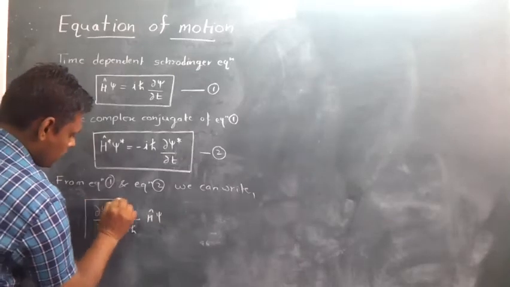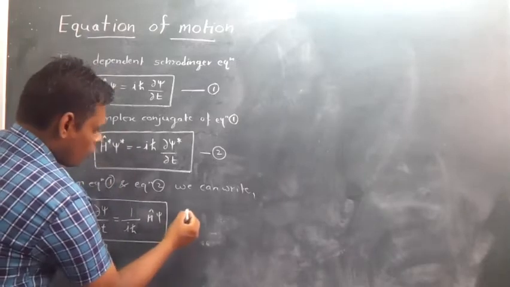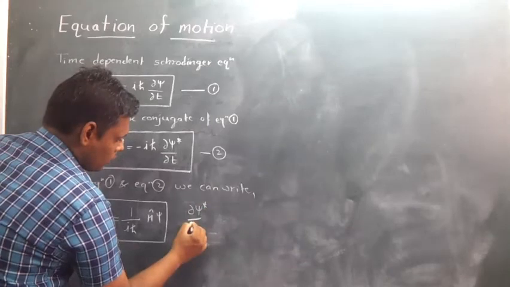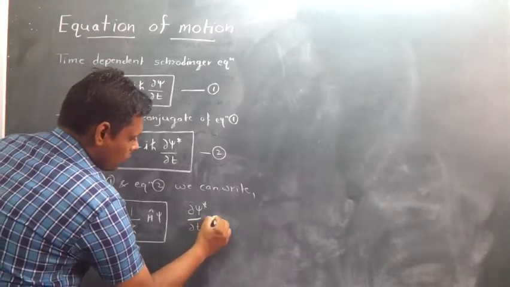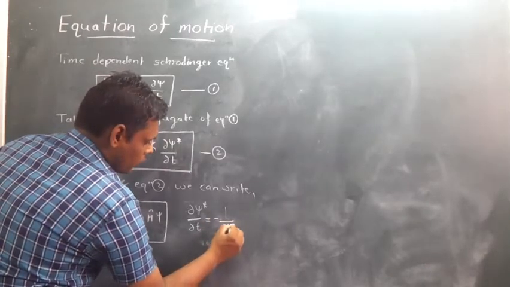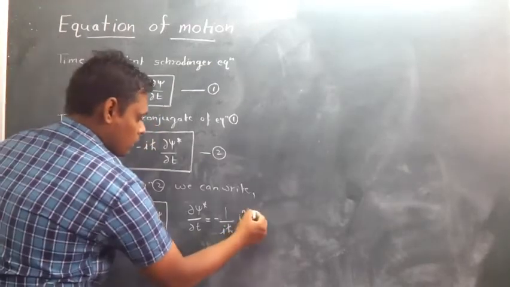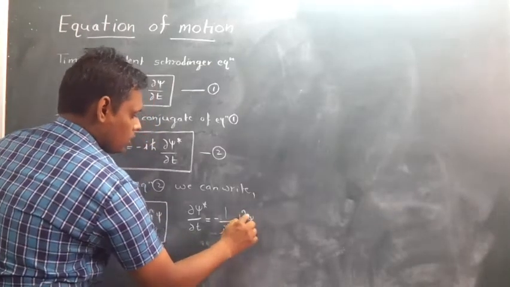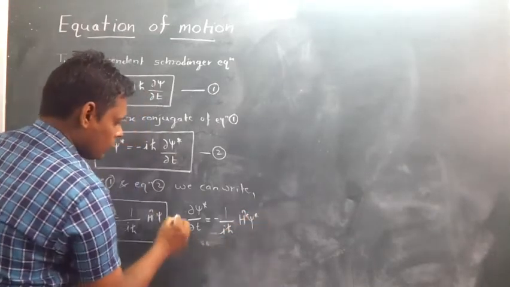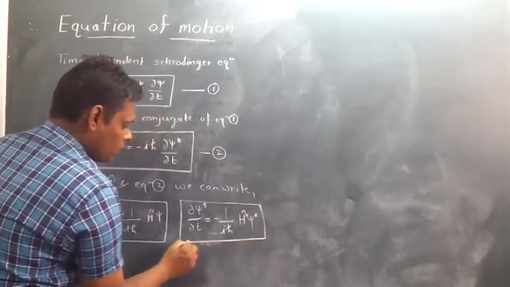And the second, delta psi star upon delta t, is equal to minus 1 upon i h cross H cap star psi star. So this is the value of delta psi star upon delta t.